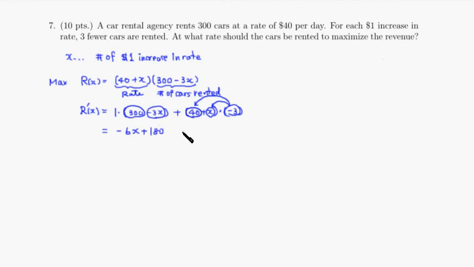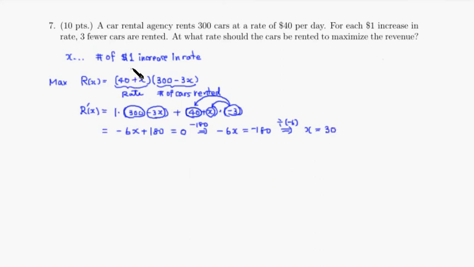Then we can set that equal to 0 to find the critical number. First, subtract 180 from both sides, so you have negative 6x equal to negative 180. Then we can divide through by negative 6, so that x is equal to 30.